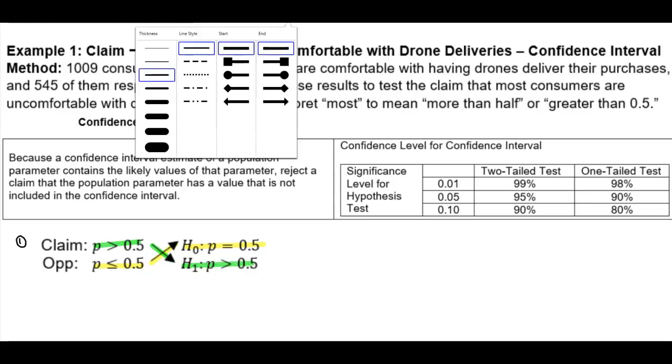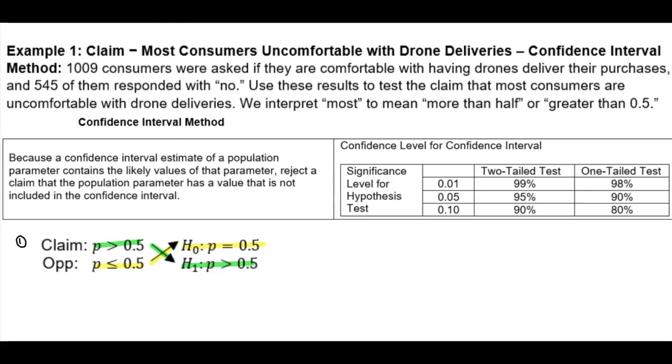Now the next thing we want to determine is whether this is a right-tail, left-tail, or two-tailed test. Since it says greater than, we know this is a right tail, and because this is a one-tail test, it's one-tailed. Number 3, the significance level isn't given, and since it's not given, it's going to be 0.05.